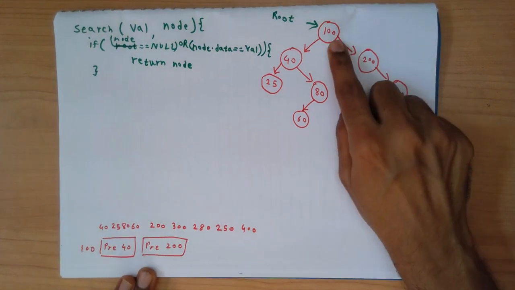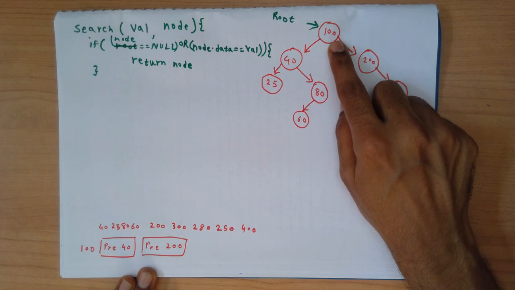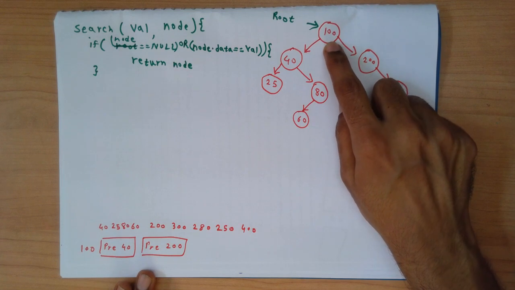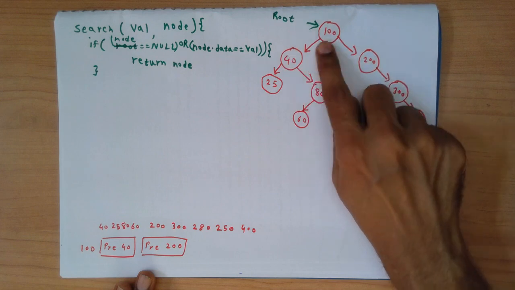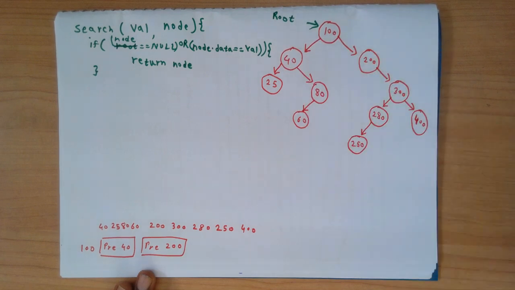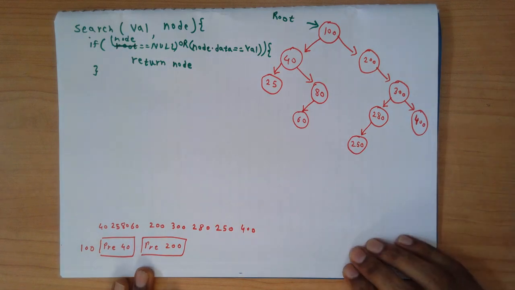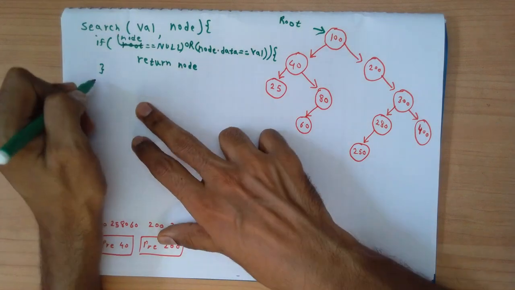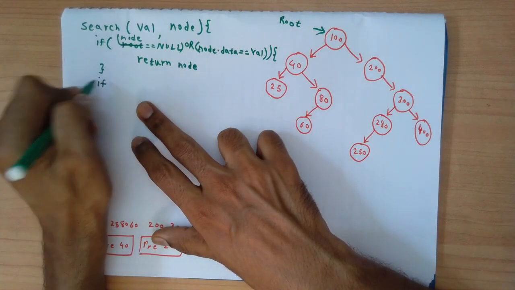But in case the value that you are searching for is not present in the root, and the root is not null, then you have to search. But where will you search? You have to search either to the left or to the right. So for that, you will need to compare your value with the data present in your root node. So now I'll compare and have an if condition.